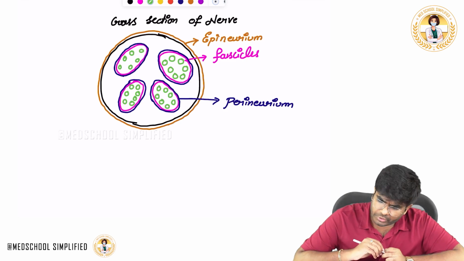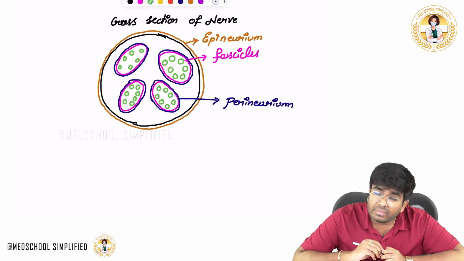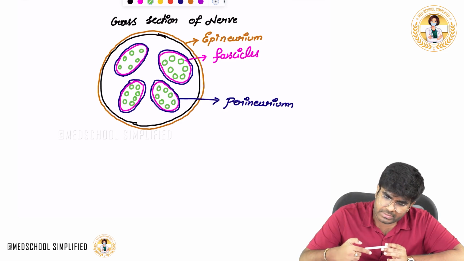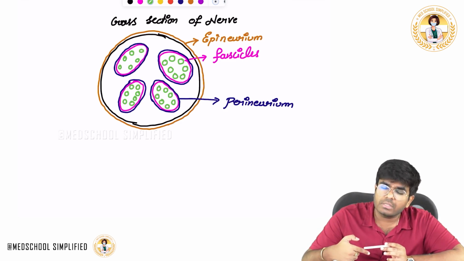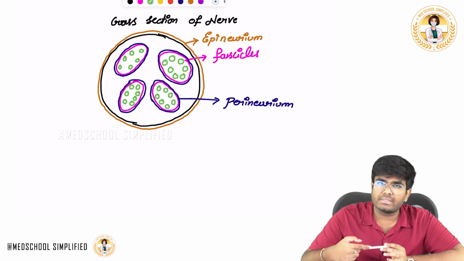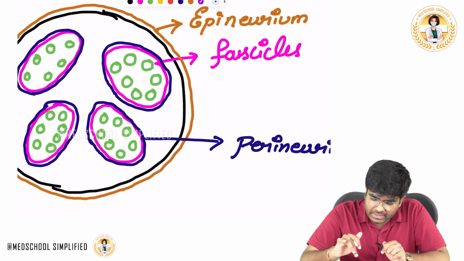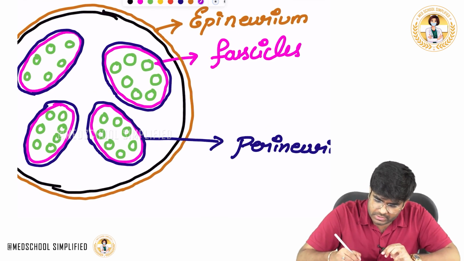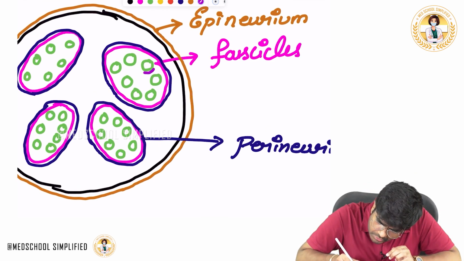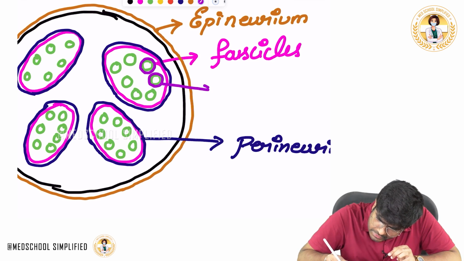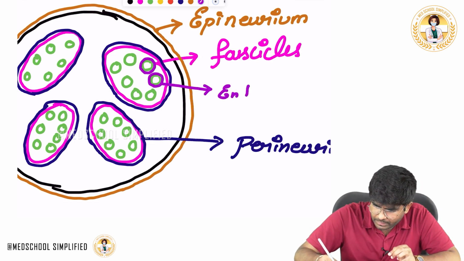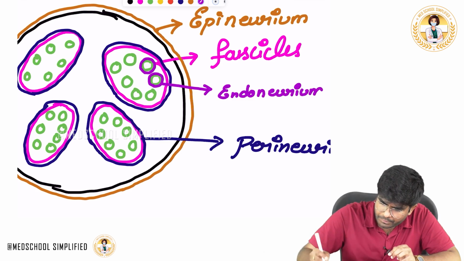And one more important point which I want you to know is, even these individual neurons are also covered. They are also having their own dress. So what is this covering called? Even these individual neurons have their own covering around them. This covering which I am showing you here is called endoneurium.